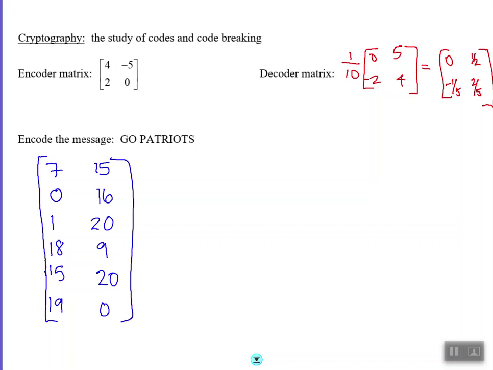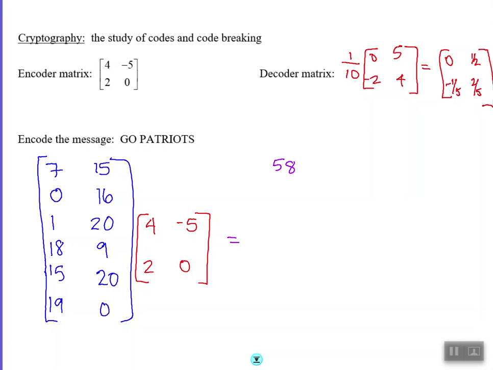Now, to encode this message, you need to take this matrix and multiply it by our encoder matrix. Remember that for matrix multiplication, you need to multiply the first row times the first column. So we're going to multiply these by these. So we do 7 times 4 is 28, plus 15 times 2, which is 30. And we end up with 58.